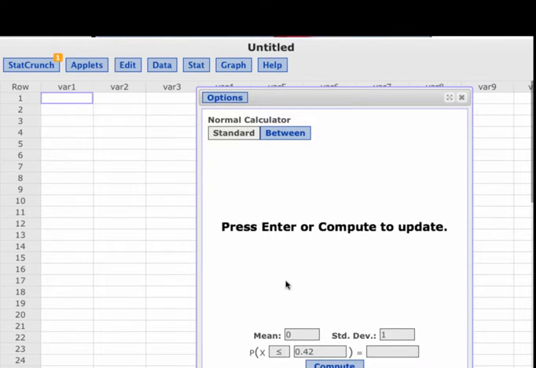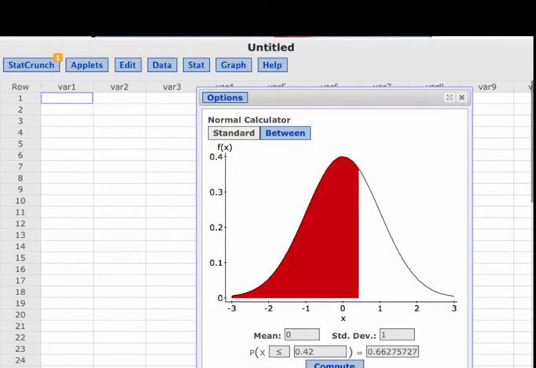If I want to find the area to the left, I choose the less than option, and hit compute. I have the nice picture here. It shows the area to the left, and I have my value, 0.66275. Notice StatCrunch will give you more decimals, which means you are responsible for rounding.